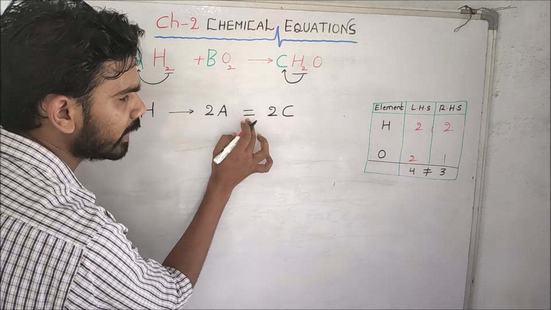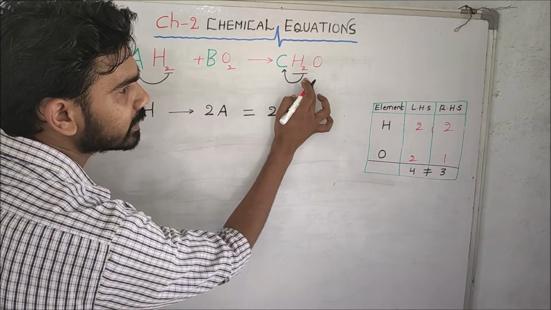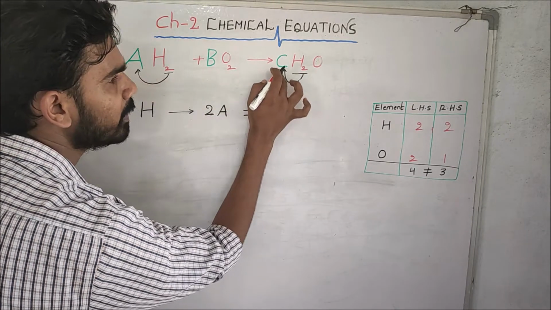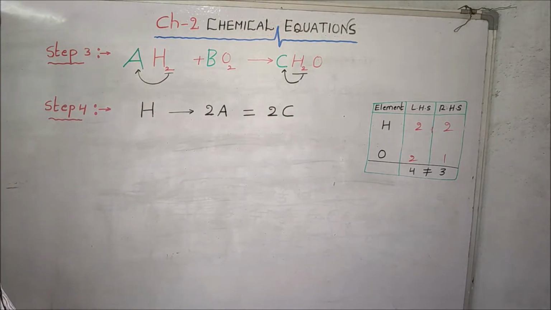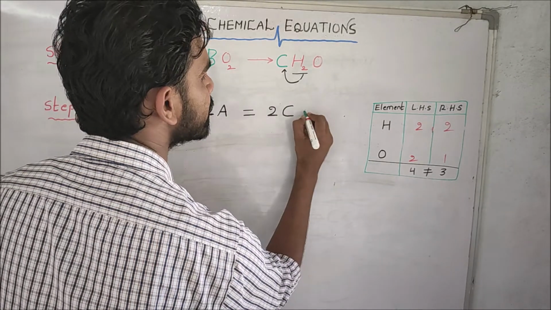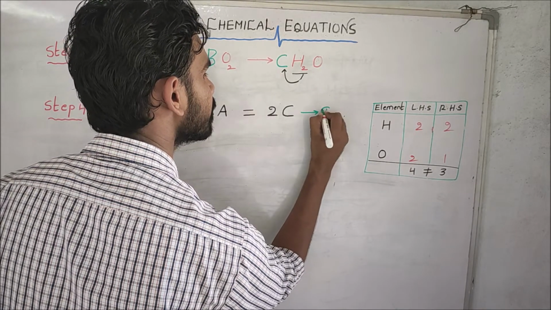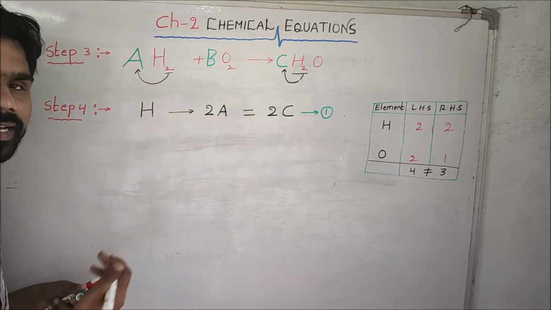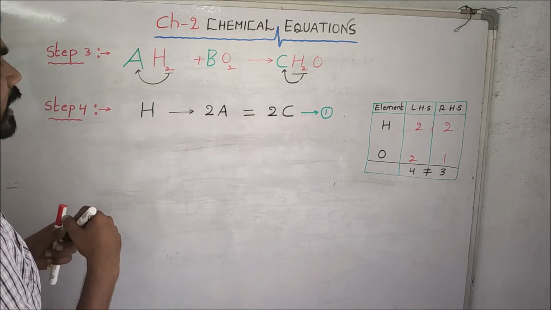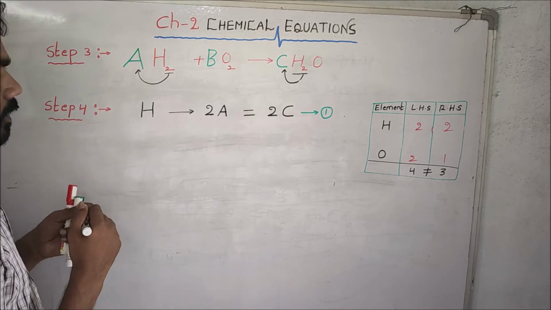It should be equated to the product side. On right hand side 2 are there, C family. Now very good. Let us consider this is equation 1. Step 4 is writing equations. Okay, now you can write.